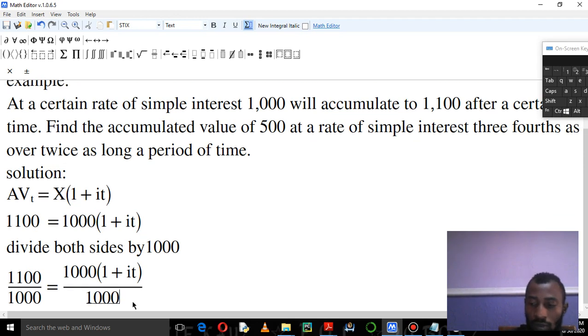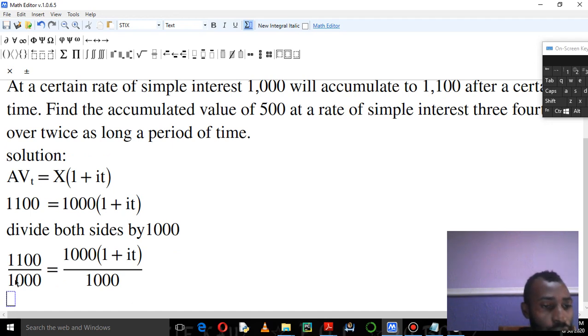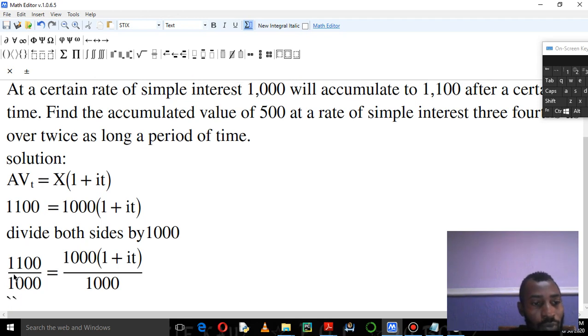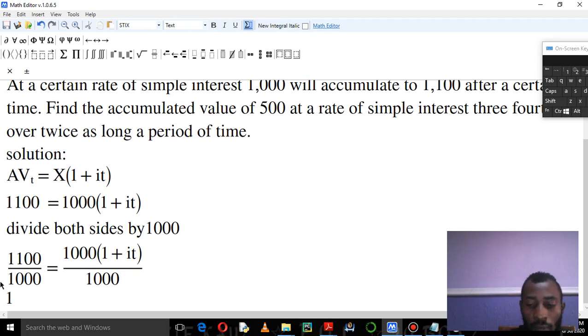So now this 1100 divided by 1000 will give us 1.1. So here we'll be having 1.1 equals, 1000 will cancel out 1000, it will remain 1 plus IT.